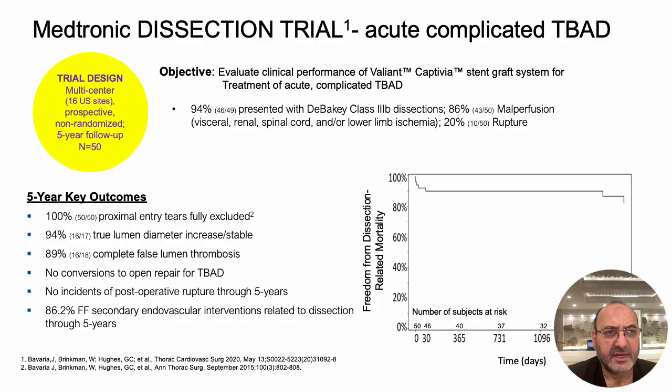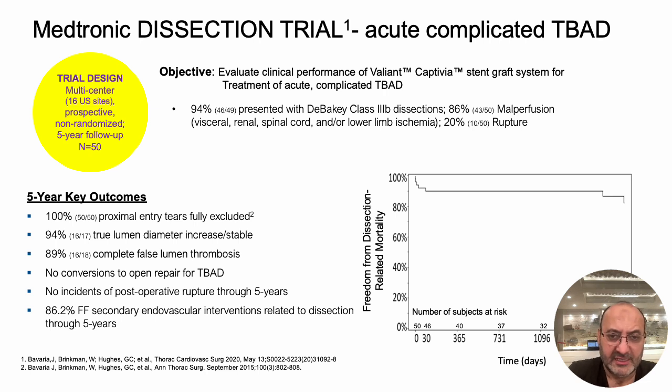When you look at this trial, it is a Medtronic trial with a very sick patient cohort, presenting with DeBakey class 3 dissection extending to or past the diaphragm. 86% clinically had malperfusion, and 20% actually had rupture. They found that freedom from all-cause mortality was 65%.